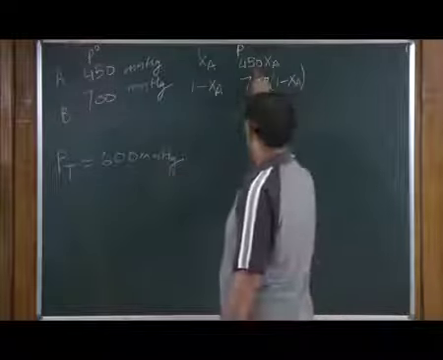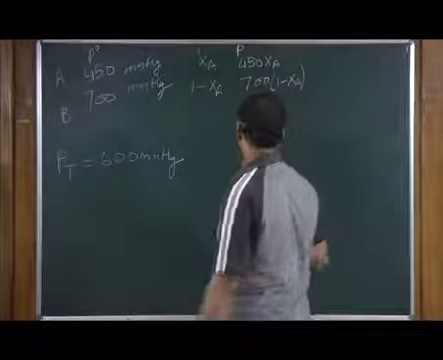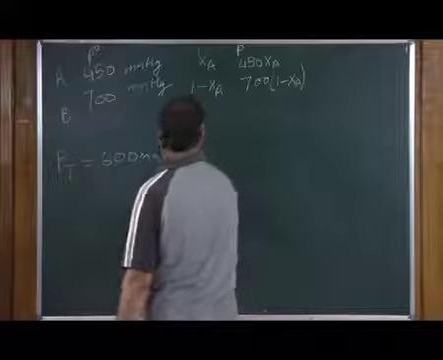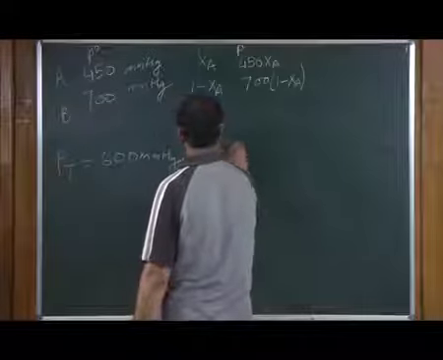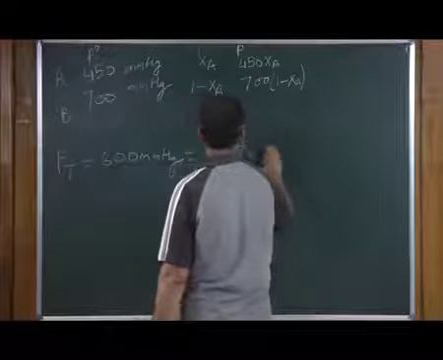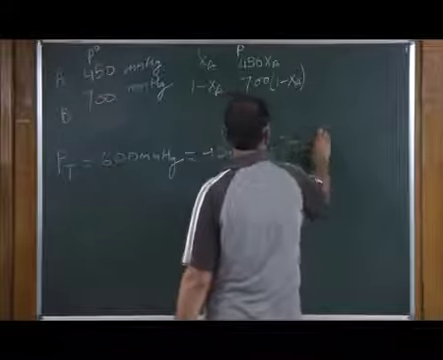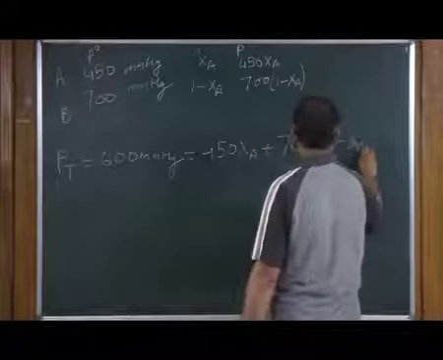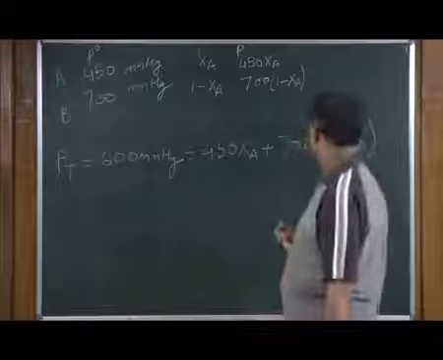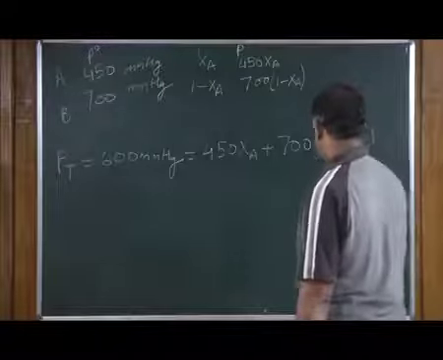So, that is this plus this equal to this. So, I have one equation, 450 X A plus 700 times (1 minus X A), one equation, one unknown. Solve it and we have the answer. So, let us try to solve it.